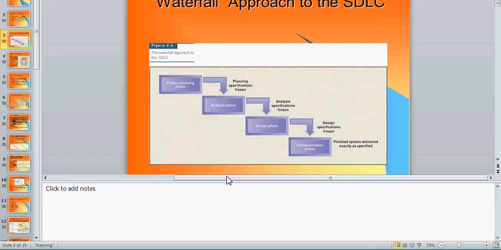Okay, Shadab, how do you communicate requirements? Once the requirements are documented, we need to communicate the requirements with the team who are involved on the project.